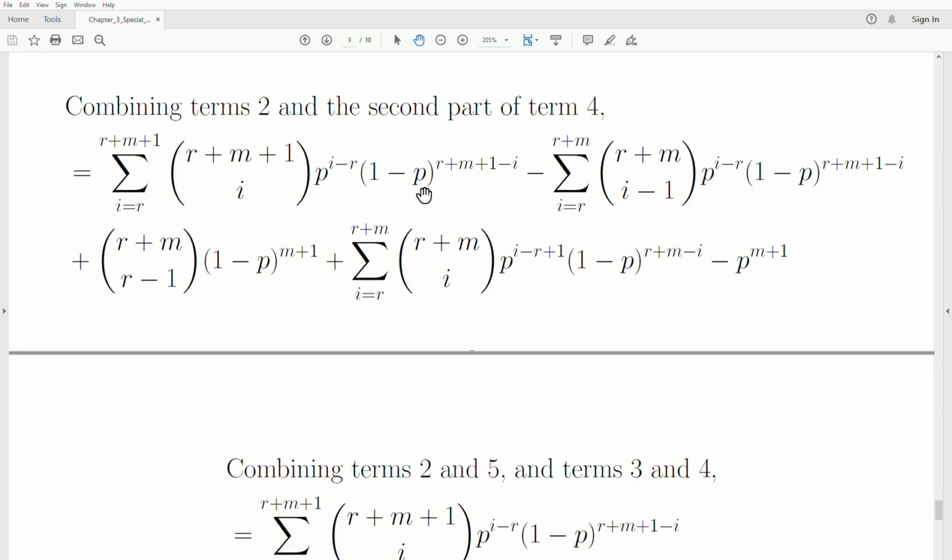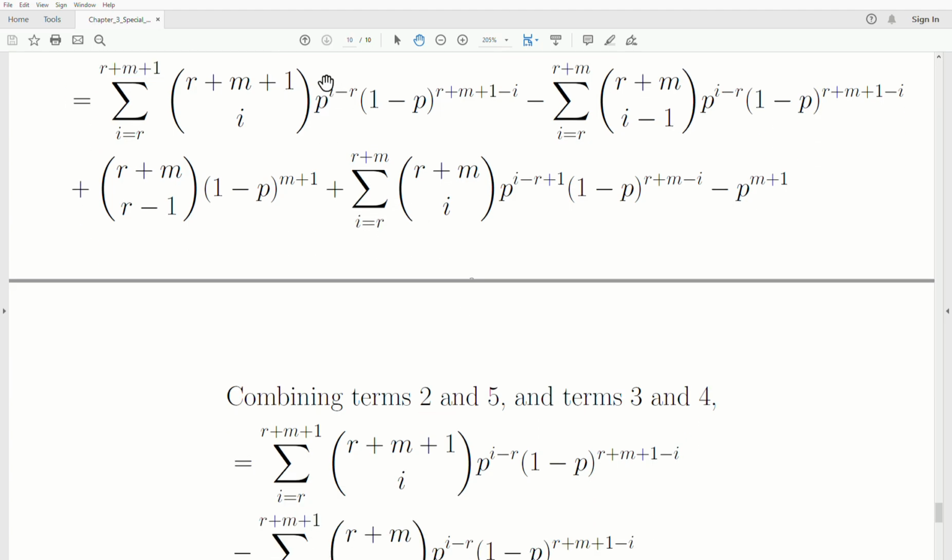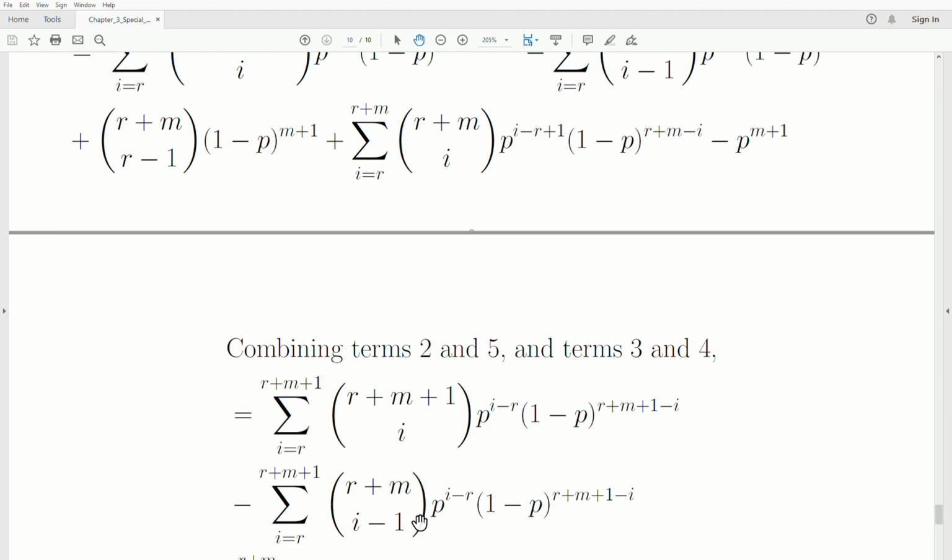Now combining 2 and 5, so 1, 2, 3, 4, 5, so combining these two, and 3 and 4. So this first term just comes down, and then 2 and 5 become this here. Notice the extra +1. That's what this term is.